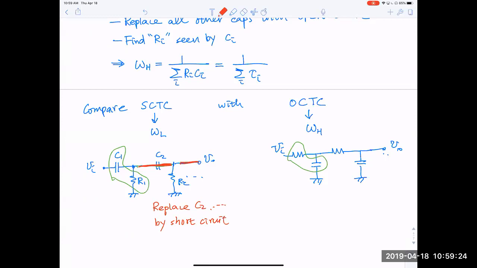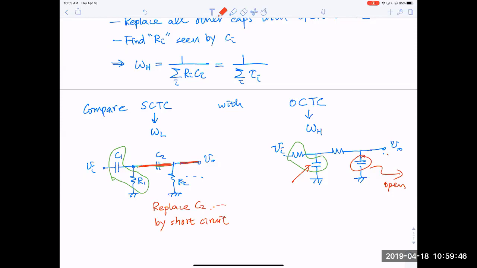What about for high pass response? We only want to see the effect of charging just C1. We don't want to see the effect of other capacitors. We still need to reach V out. What do we do? Well, you take it out. You replace it with an open circuit. Then you are charging only one capacitor at a time.